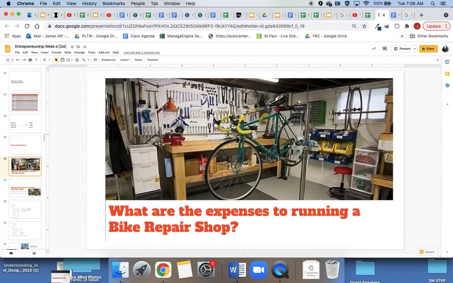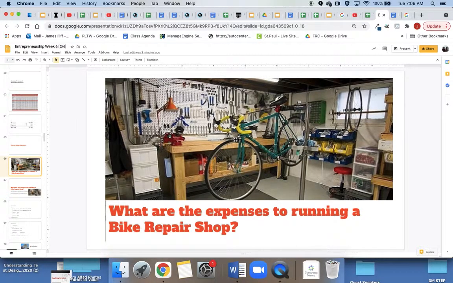And I gave the example last night of this. Imagine that you were going to start a bicycle repair business where you repair people's bikes. What are all the expenses to running this business? Now, you probably don't know that, and that's for good reason.